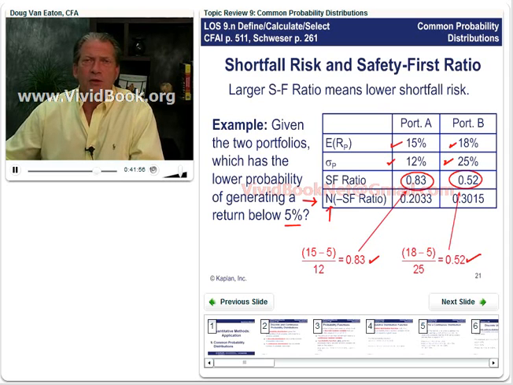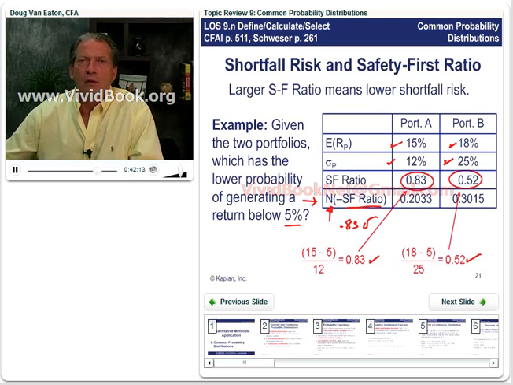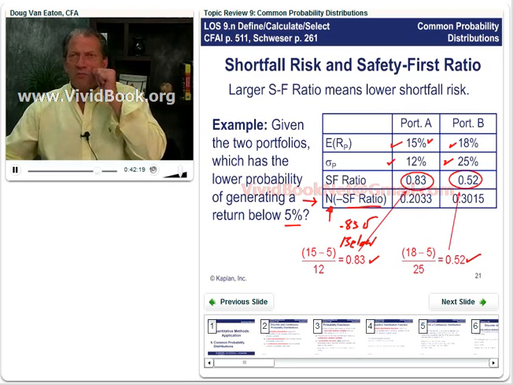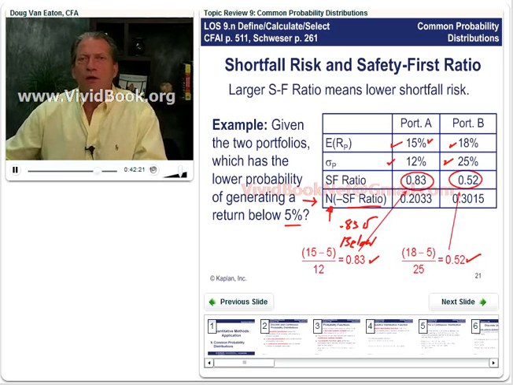And the cumulative probability up to negative safety first ratio, so the probability of being more than 0.83 standard deviations below the expected or mean return of 15% is 20%. So the probability of getting a return below 5% is 20% with portfolio A.